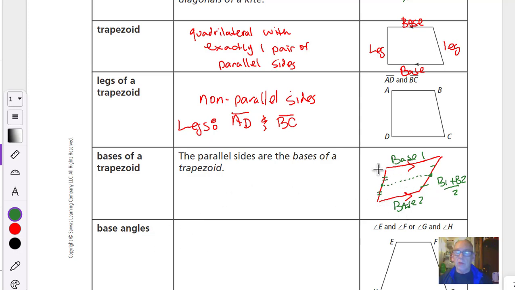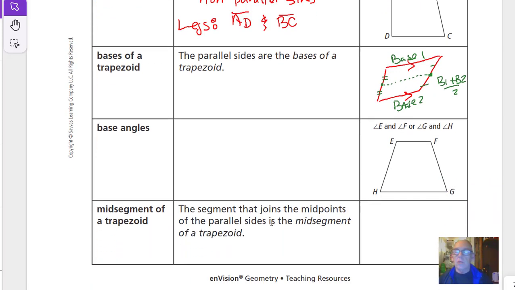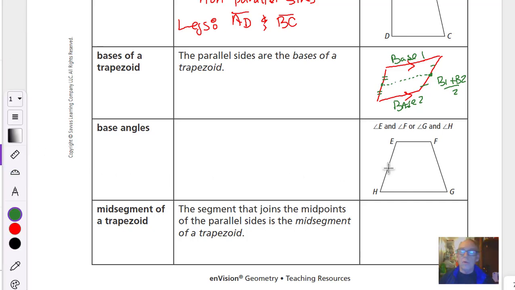The base angles of a trapezoid aren't necessarily congruent, but if you have an isosceles trapezoid, the base angles are congruent. So an isosceles trapezoid has these legs as being congruent to each other. So let me mark those. Here we have the bases, the parallel sides, and let's mark EH congruent to FG. Now this sets up what we call an isosceles trapezoid.